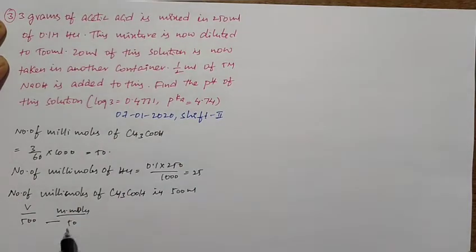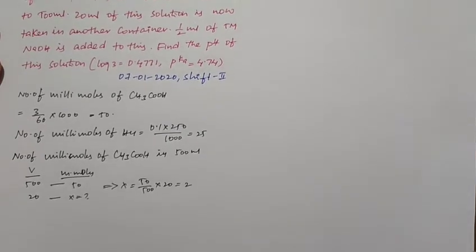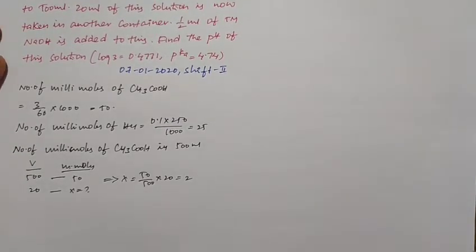So in 500 ml we have 50 millimoles, in 20 ml we have x, then x is equal to 50 by 500 into 20, we get 2 millimoles. So the number of millimoles of acetic acid present in 20 ml of the mixture is 2.